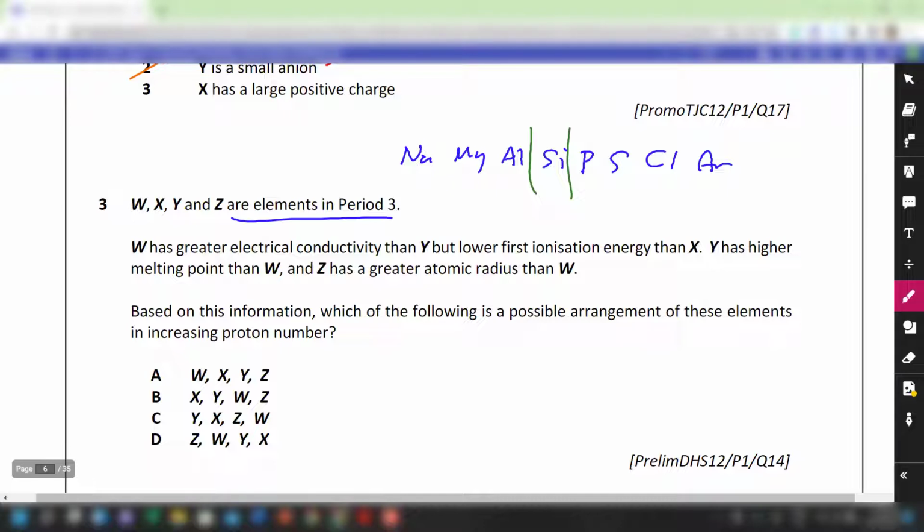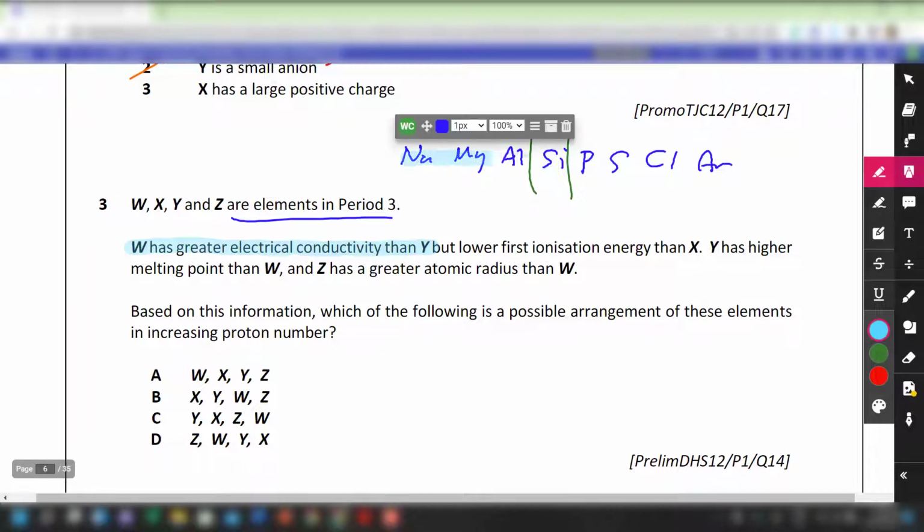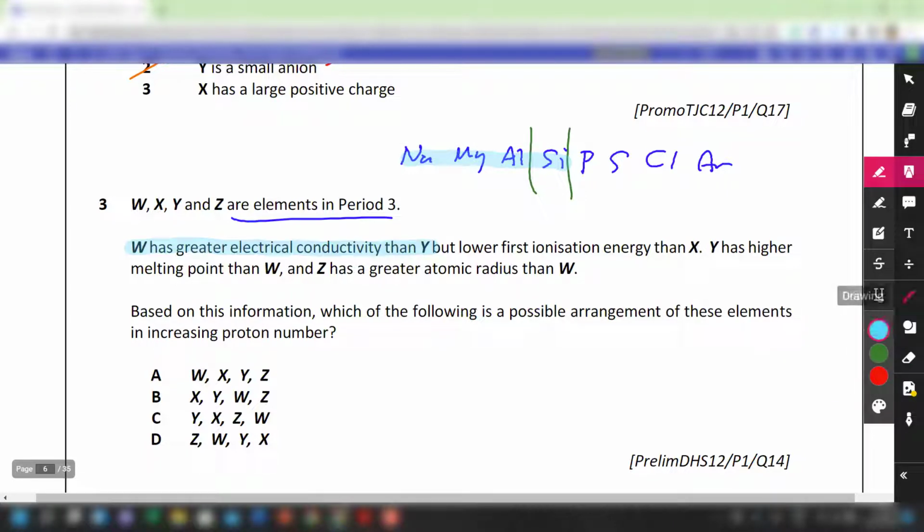And then if we look at the information given to us, W has a greater electrical conductivity than Y. Okay, so for this particular statement, W has a higher electrical conductivity than Y. So therefore I can say that W is likely to be one of these four. Okay, but lower first IE than X. So we need to check on this.